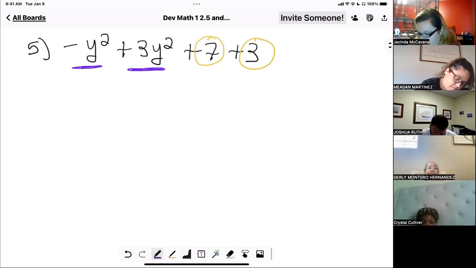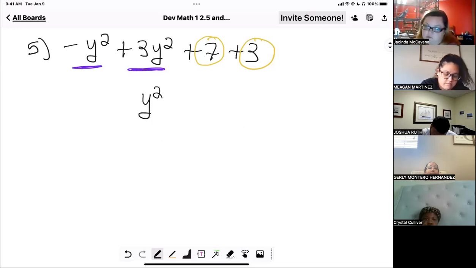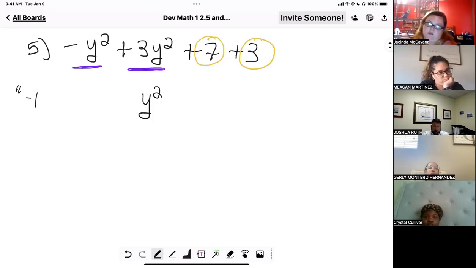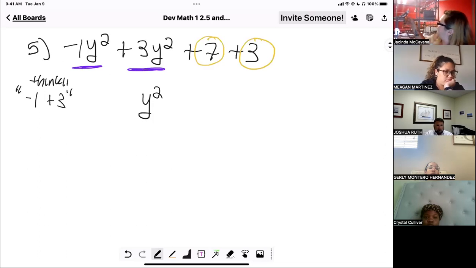So here we go. Negative y squared plus 3y squared. I want you to think of it in two parts. I know it's y squared, I'm adding the same things, right? Then just take the numbers in front. And this is me thinking, not me writing. I have a negative 1 because it's implied 1 here, plus 3. So negative 1 plus 3.